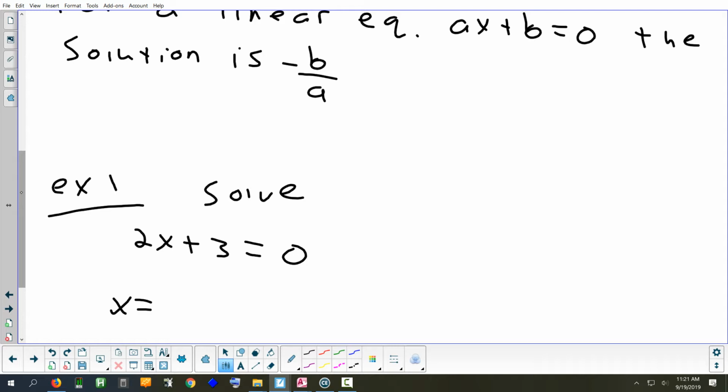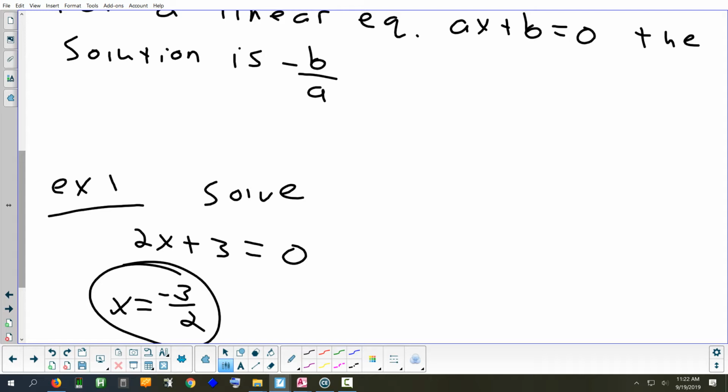Yeah, or if you left it as a fraction, what would it be? Negative 3 halves. I would write negative 3 halves, just because we usually don't use mixed numbers. So what did Chris just tell me? Negative 3 halves is the what of this equation? Yep, the root.